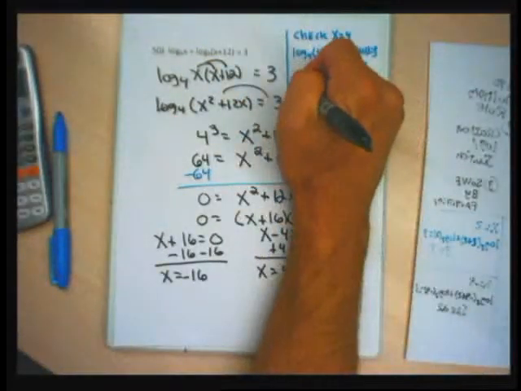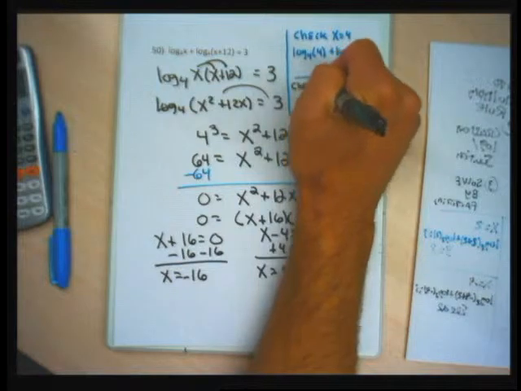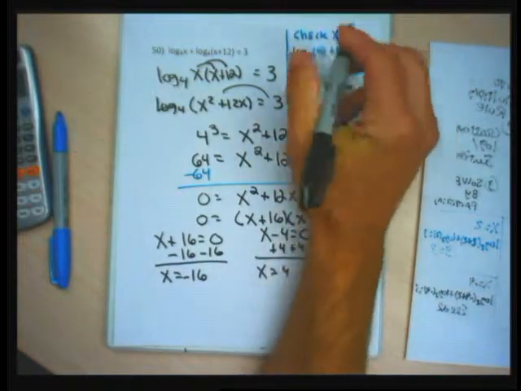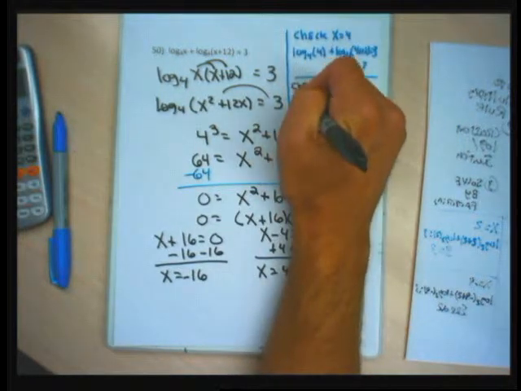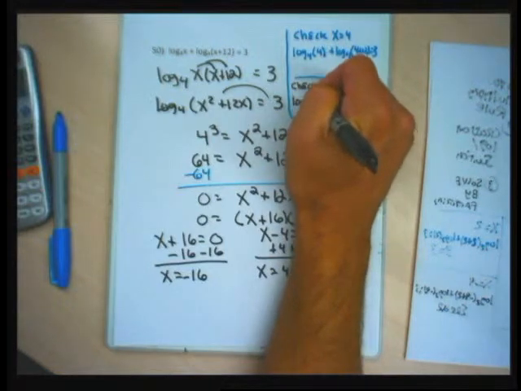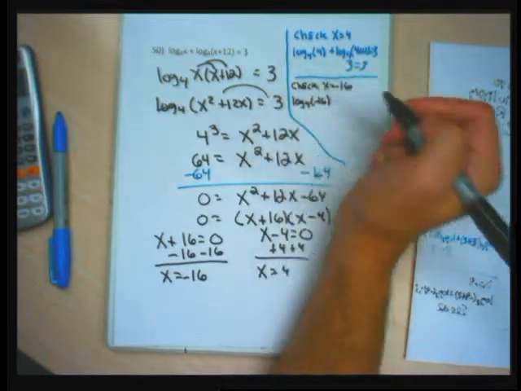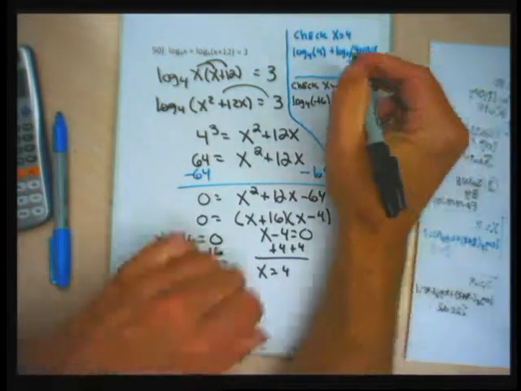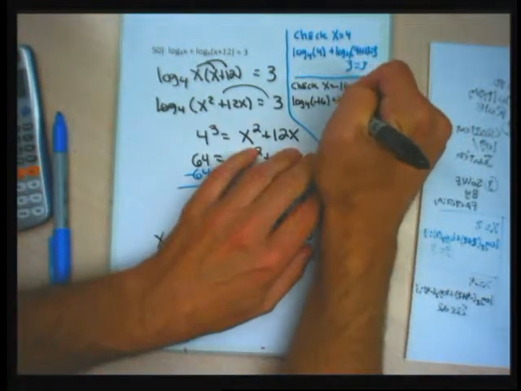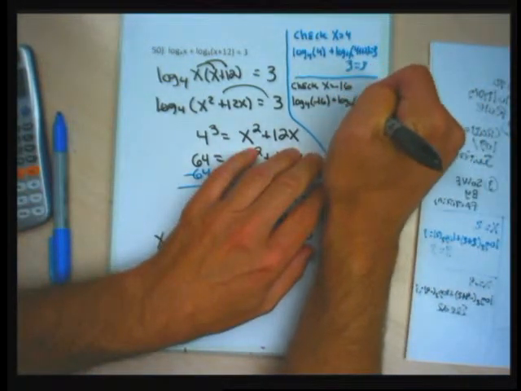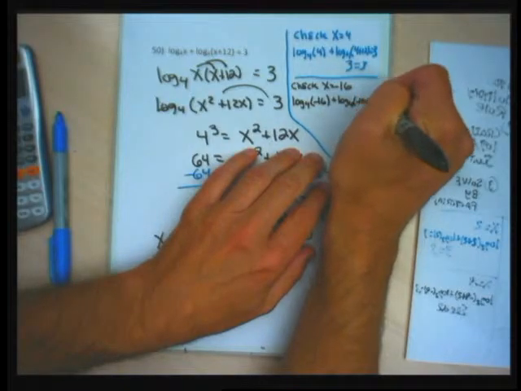When I try to check the x equal to negative 16, I'm going to get an error because logarithms are only defined for numbers bigger than 0. So immediately right there, I wouldn't even use my calculator because I know that's going to give me an error. And that tells me that that's not a solution. I won't get a true statement.